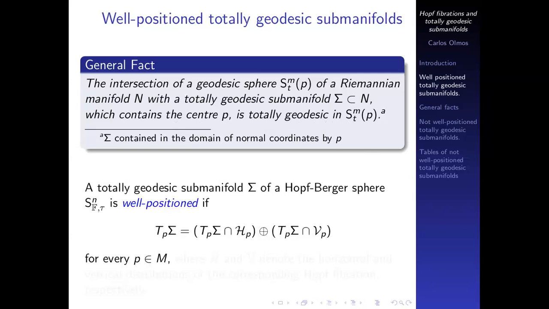A totally geodesic submanifold of a Hopf-Berger sphere is called well-positioned if the tangent space splits as the direct sum of a horizontal part, that is to say perpendicular to the fibers, and a part which is tangent to the fibers.